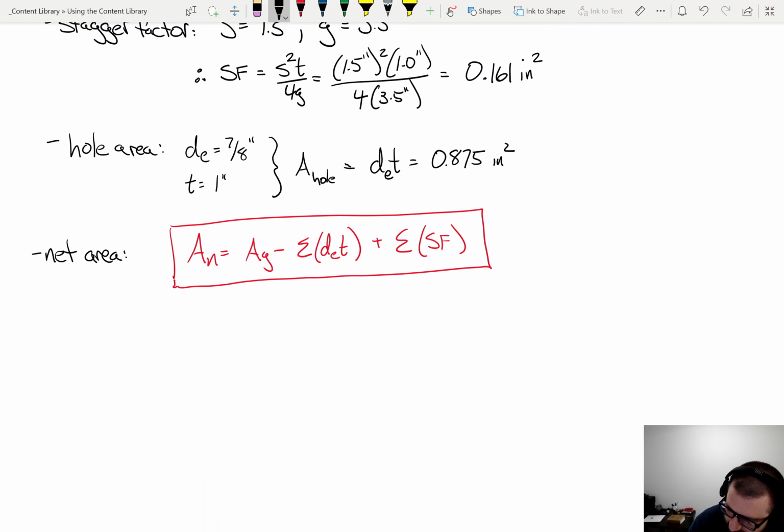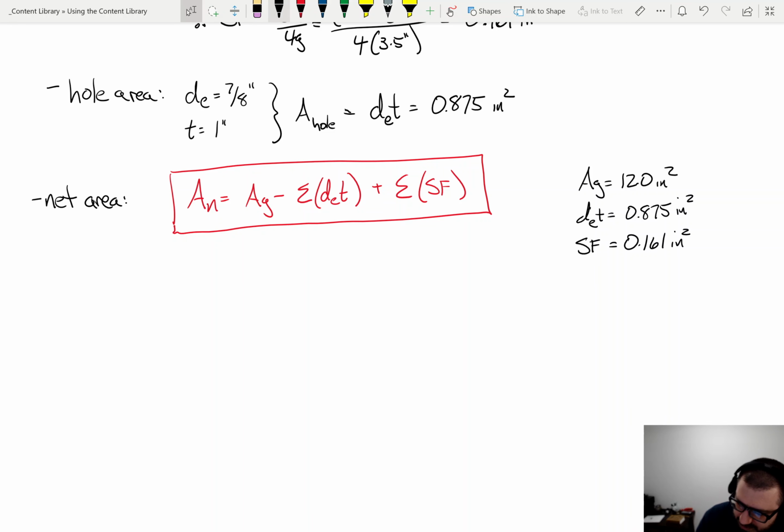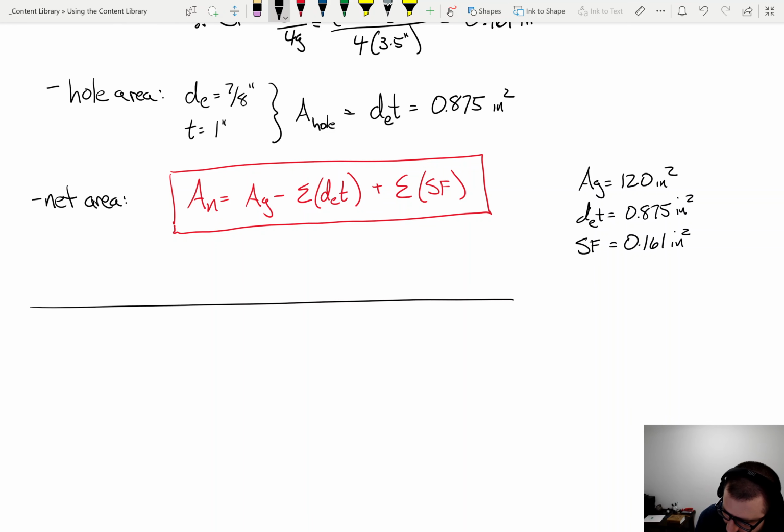Let's keep in mind, we know that the gross area is 12.0 square inches. The hole area is 0.875 square inches here, and then the stagger factor is 0.161 square inches. So again, this is why we do s squared over 4g times the thickness, so that the area comes out in square inches. So we're adding everything up consistently. Okay, so let's set ourselves up a little table.